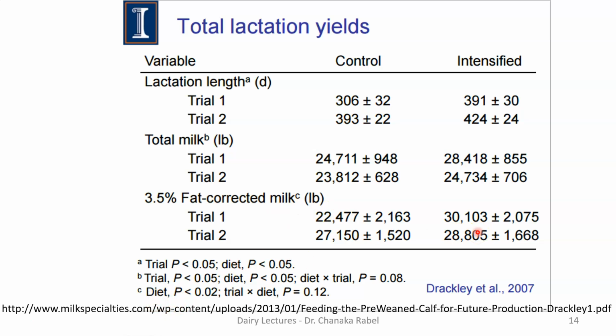So what is fat corrected milk? Let's say they produced 24,000 liters of milk, right? And let's say 3% was fat.